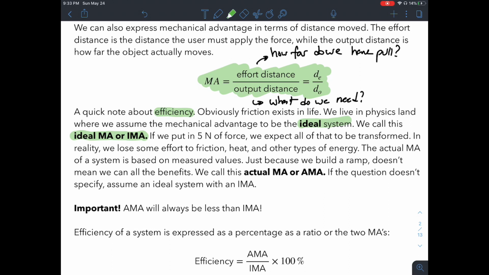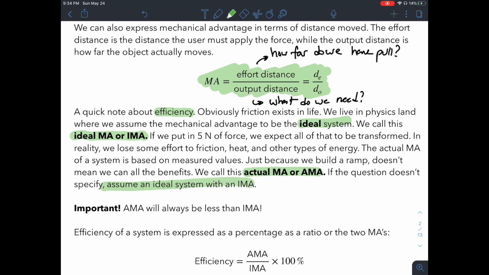If we put in 5 newtons of force, we expect all of that force to be transformed into something bigger. In reality, that's not how it works. We lose some to friction, heat, and anything else. So we call that the actual mechanical advantage, or AMA. Questions will specify if you're dealing with AMAs. If it doesn't say, assume an ideal system.